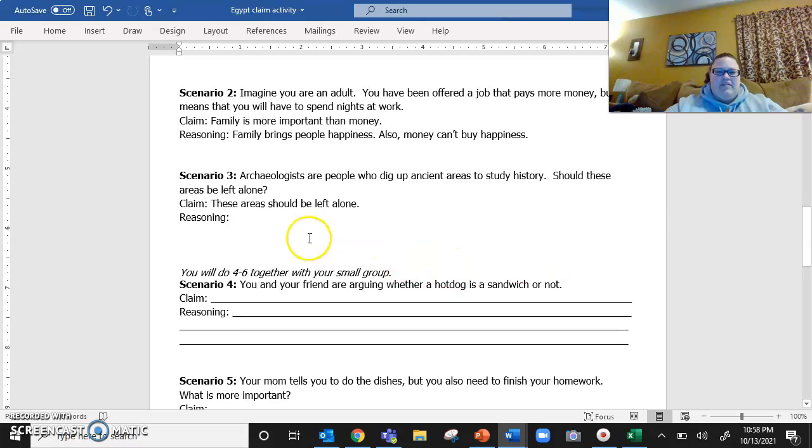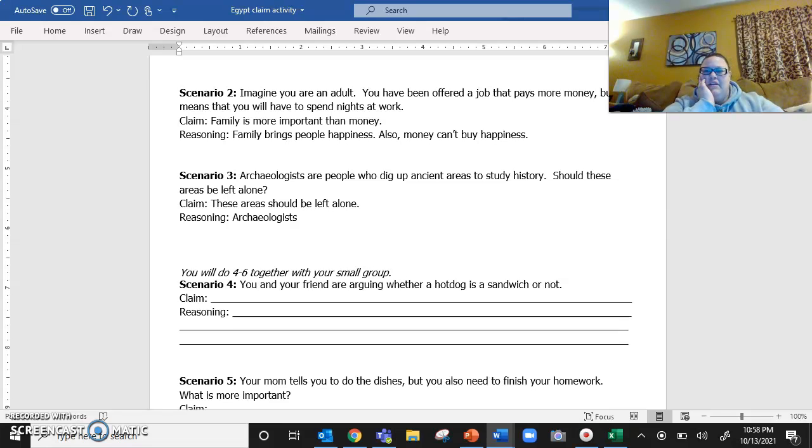And then our reasoning. So that stuff that I just talked about. I don't want to say "these areas" again. I'm going to say archaeologists. I feel like it's better for an archaeologist to excavate. That's the vocabulary word for to dig up. I think it's better for archaeologists to excavate these ancient burials, these ancient areas.